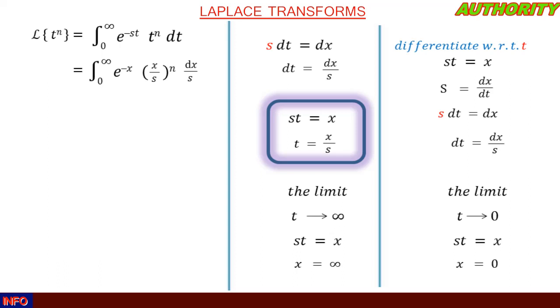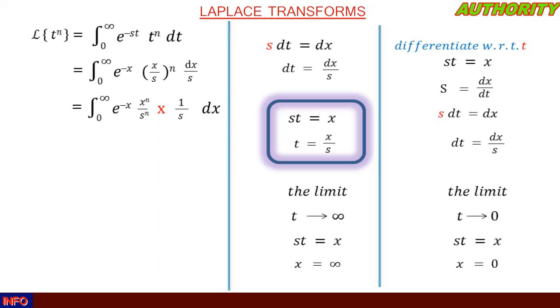In this center term where we have x all over s raised to the power of n, let's open the bracket. Applying the law of indices, what do we have? We are going to have the integral from 0 to infinity e raised to the power of minus x. This n we distribute to the numerator and to the denominator.